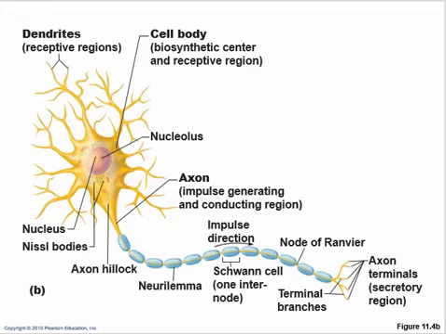There are appendages attached to the soma, to the cell body. There are the dendrites, which means branches. A rhododendron has twisty branches, but dendrite is a branch, and it is receptive.